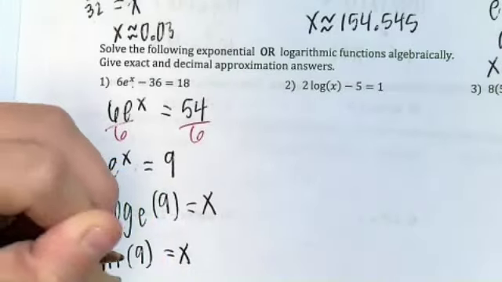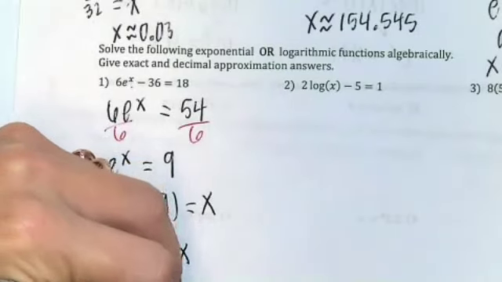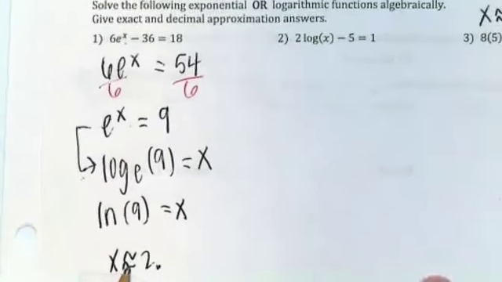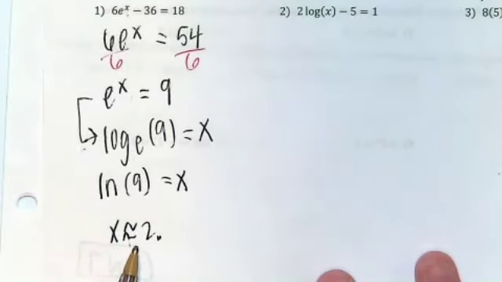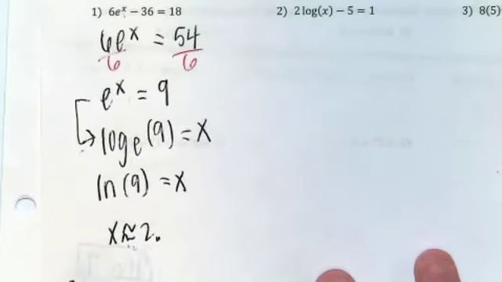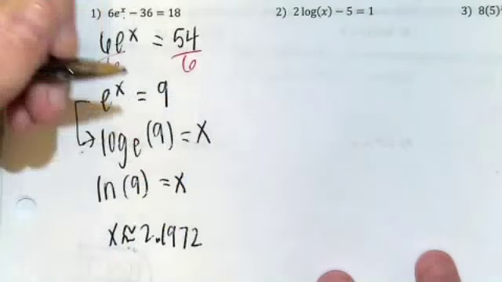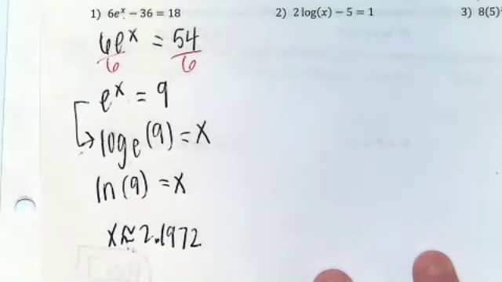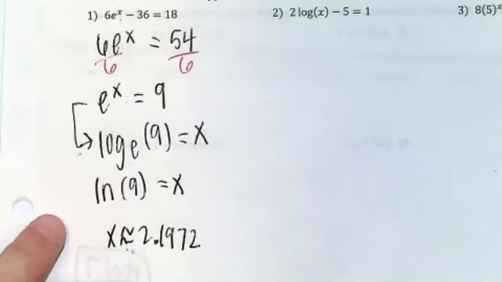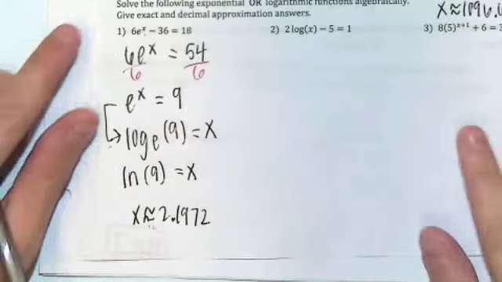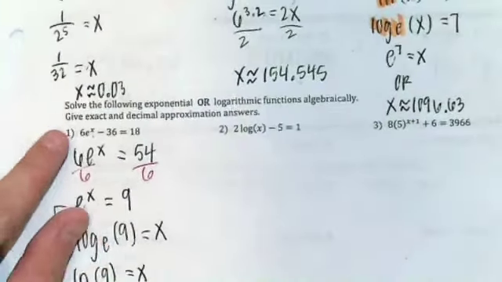If you want an approximated form and put it in your calculator, you'll get approximately 2.1972. I'll go to 4 decimal places. All right, I'm going to keep going. Please pause the video if you needed a little bit to think about that.